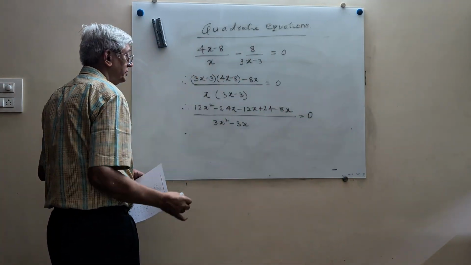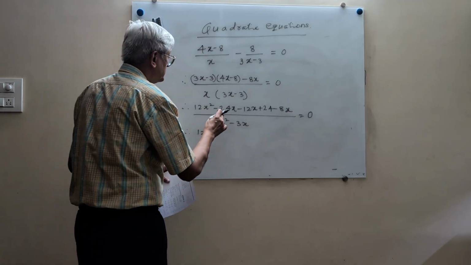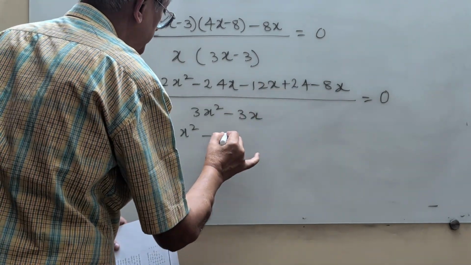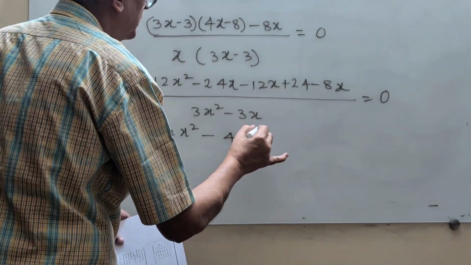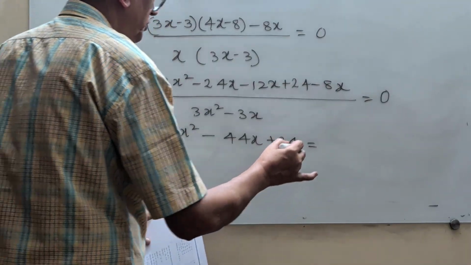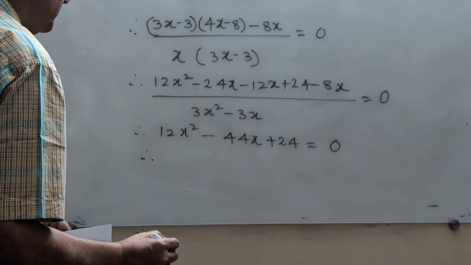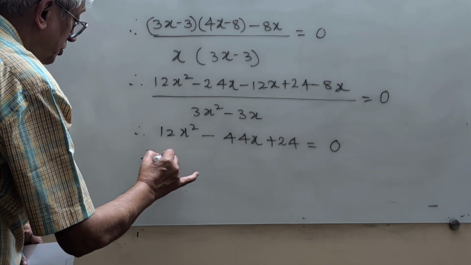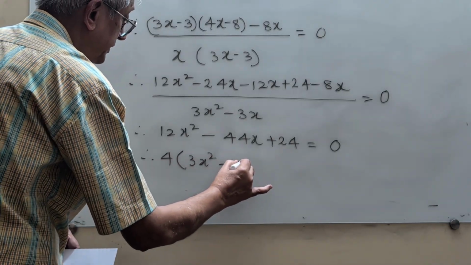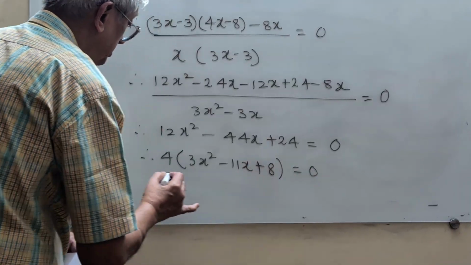Therefore 12x squared minus 44x plus 24 is equal to 0. Now let us take 4 common. 4 comma 3x squared minus 11x plus 8 is equal to 0.